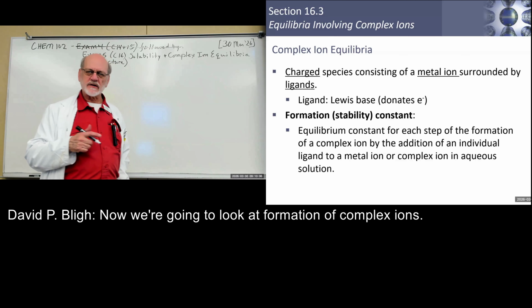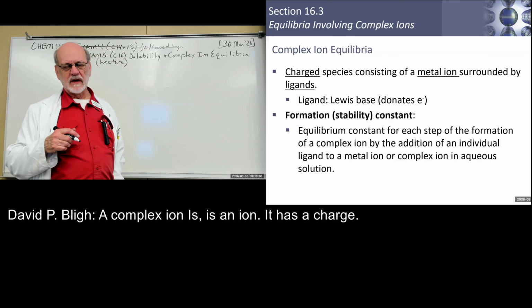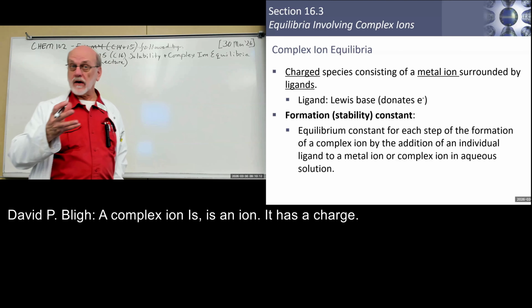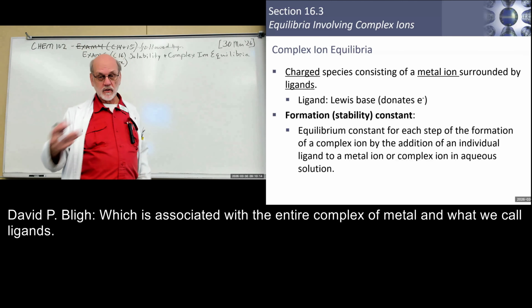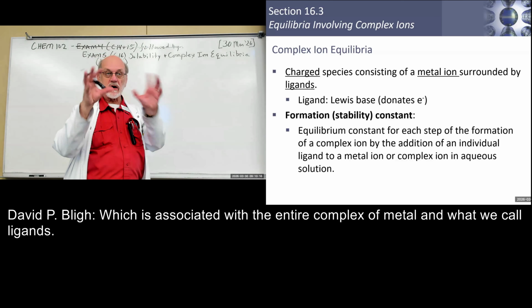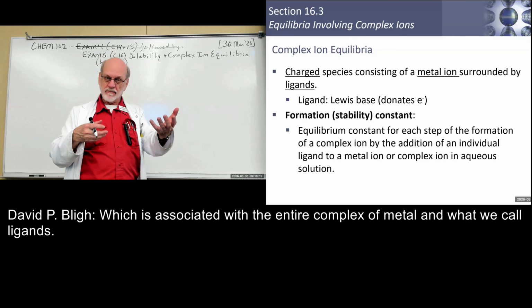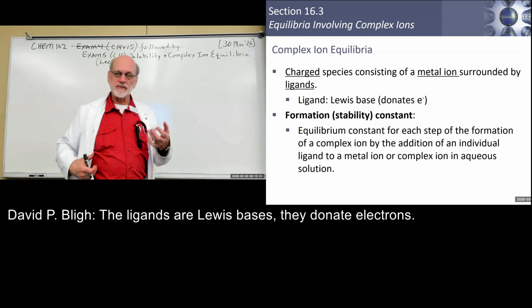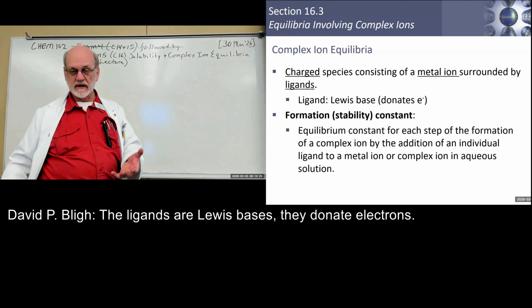Now we're going to look at formation of complex ions. A complex ion is an ion. It has a charge, which is associated with the entire complex of metal and what we call ligands. The ligands are Lewis bases. They donate electrons.